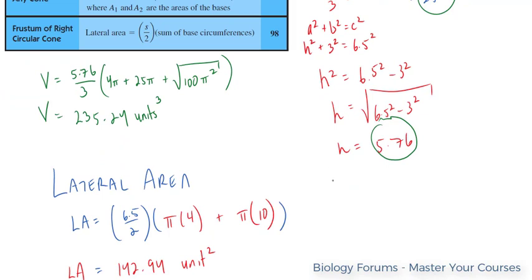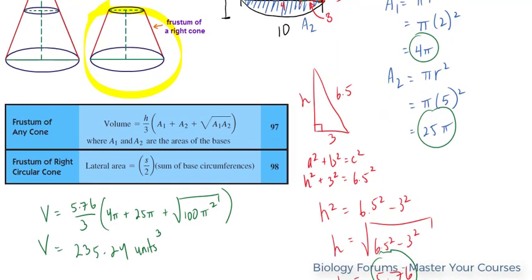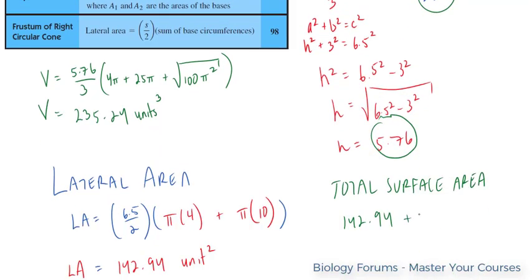What we have to do to find the total surface area, let's use another color, total surface area, is we will add this number 142.94 to the two numbers that we found above here, 4 pi plus 25 pi, which represented A1, A2, and this represents your lateral area.